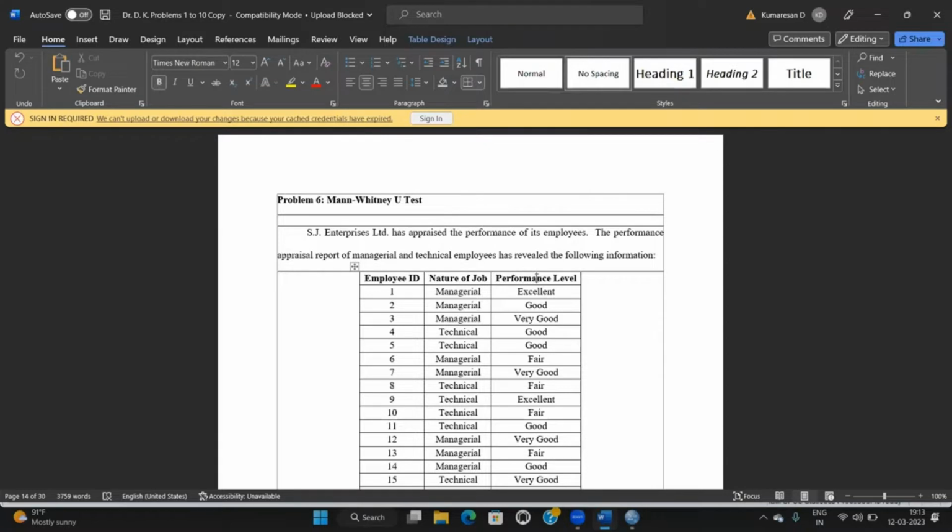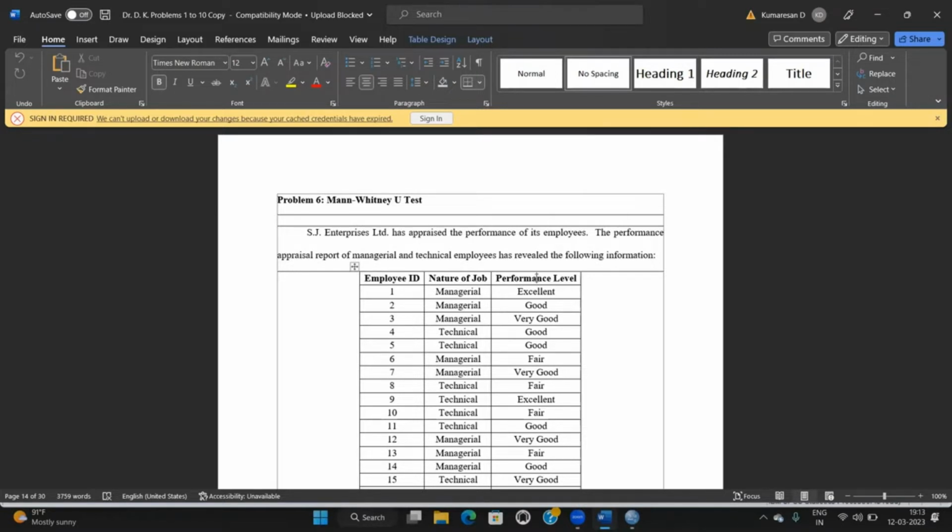So there is a relationship between independent samples t-test and Mann-Whitney U test. The purpose of the independent samples t-test and Mann-Whitney U test is one and the same, but it varies with reference to the dependent variable.